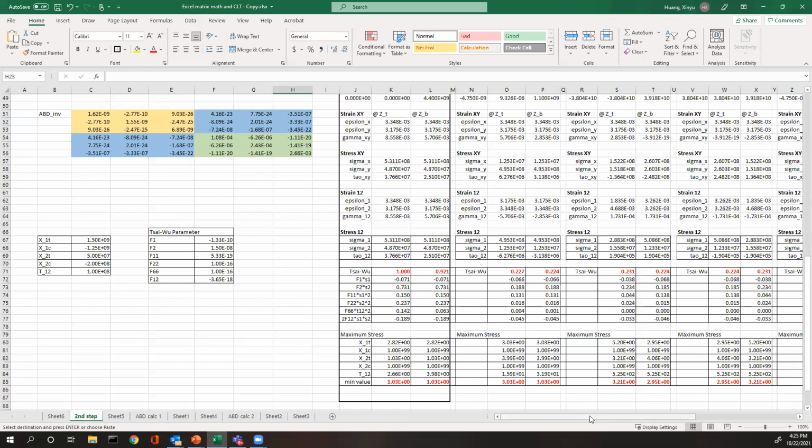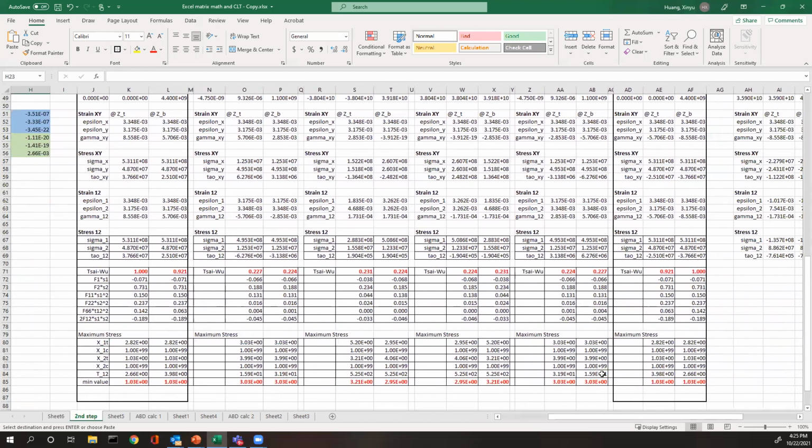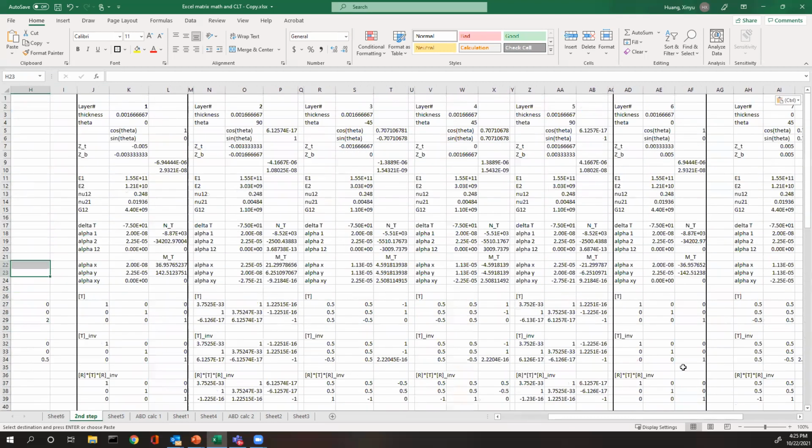All right, so let's see. In this case, ply 1 and 6 are hitting the same threshold, the same matrix direction tension. What I do is I go to layer 1. I reduce this to 25% of it, 0.25.